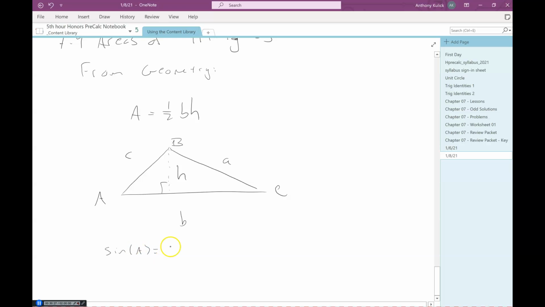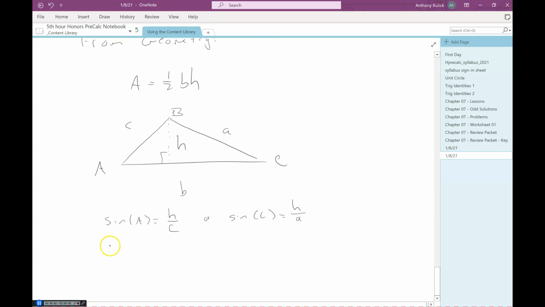Well, I could use the sine of angle A equals opposite over hypotenuse, or I could have done the sine of angle C equals opposite over hypotenuse, right? So H would be C times sine A, or it could be H equals A times sine C.